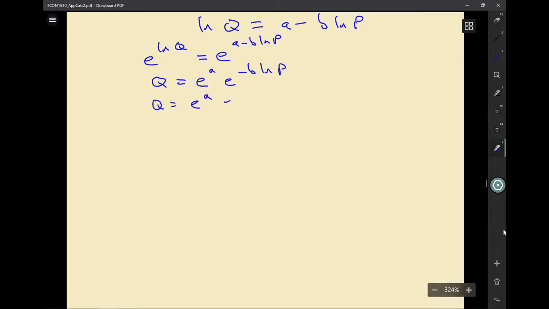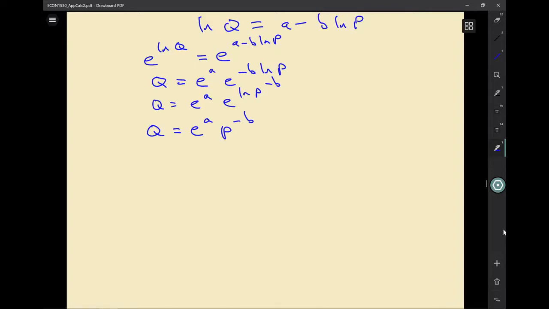And if you want me to be very clear, I can rewrite this like so, or maybe we don't really need those brackets there. And then the right-hand side becomes e to the a p to the power of negative b.